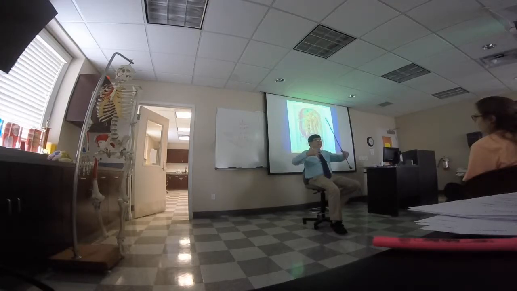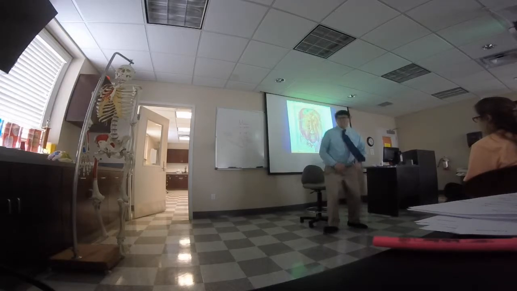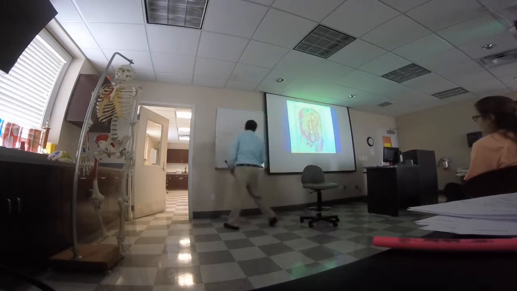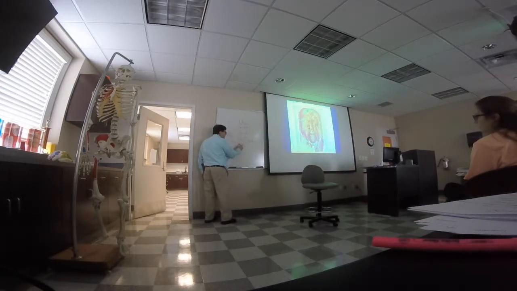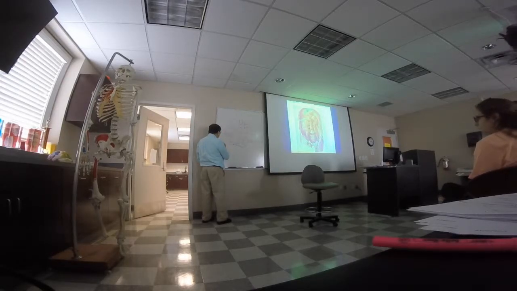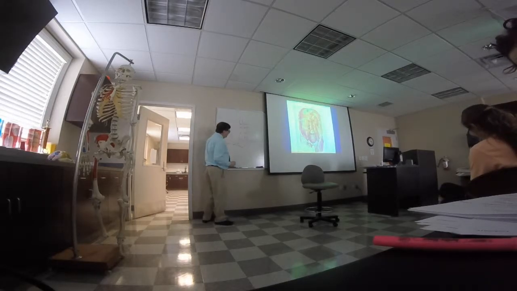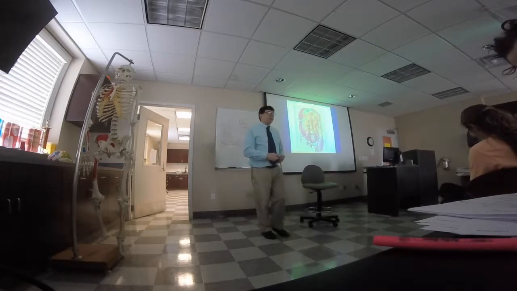Stuff that's within the true pelvis. Whereas the external iliac is going to pass deep to the inguinal ligament on both sides. And then once it passes deep, it's no longer called the external iliac, it becomes the femoral artery. This would be the right femoral artery. And we can palpate its pulse, by the way.